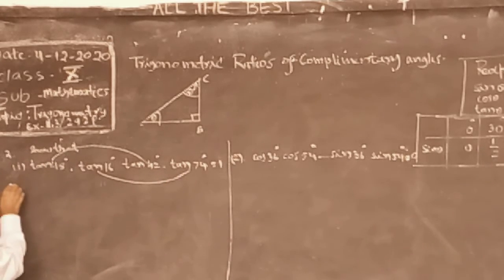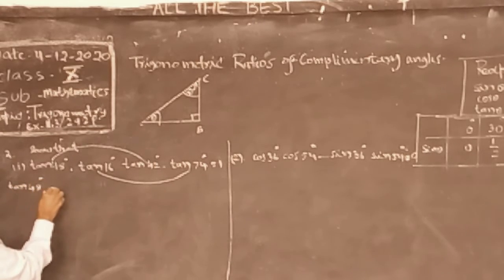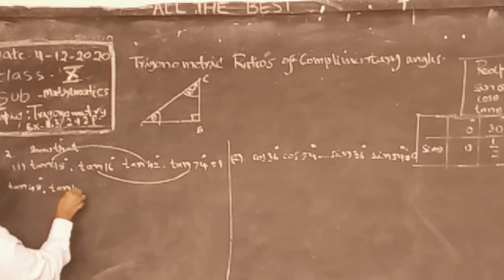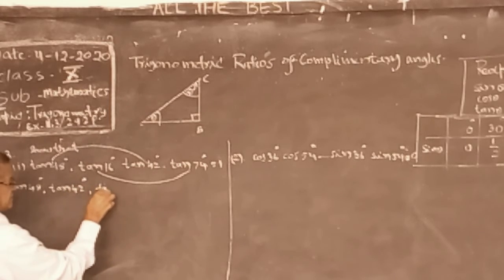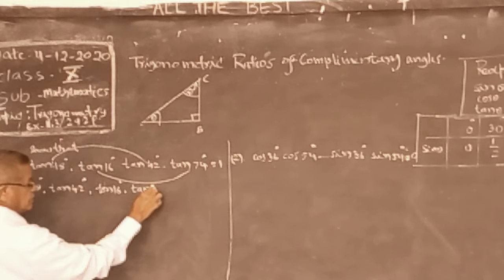Now let us write this as tan 48 degrees into tan 42 degrees into tan 16 degrees into tan 74.